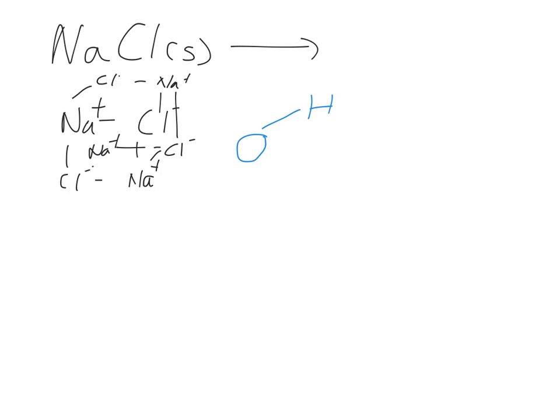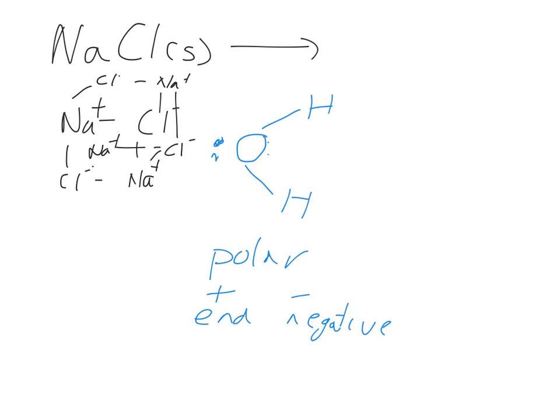an interesting thing happens. Water is what's known as a polar molecule, meaning it has a positive end and a negative end. It has a bent shape, so it's kind of like a boomerang here, and our oxygen has a partial negative charge, and the hydrogen tail here has a partial positive charge.